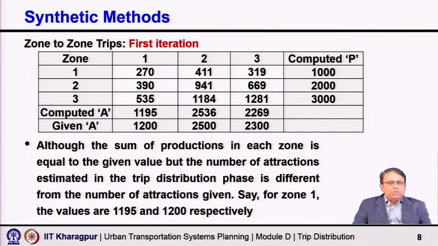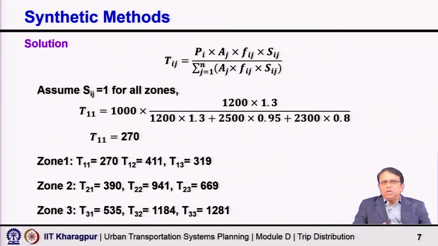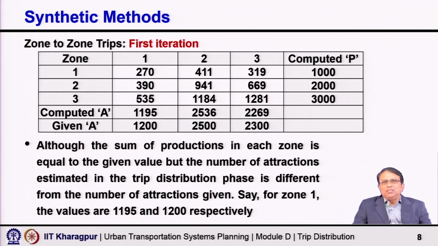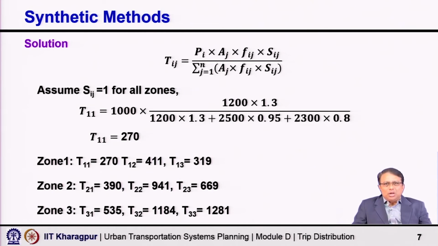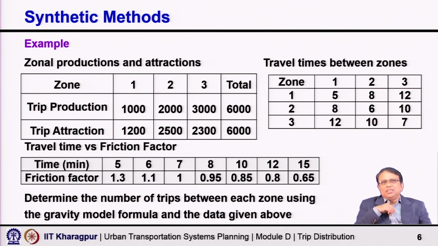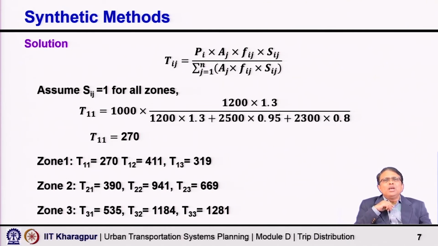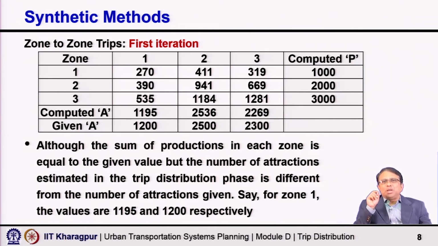You add T11 270, T12 411, T13 319. You add, you get 1000. 1000 is exactly the production from zone 1. So, it matches, exactly it matches.